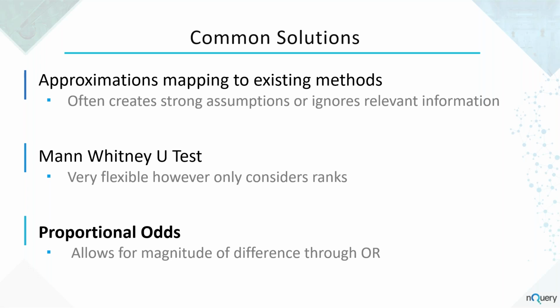So the main issue with this is that you're either creating very strong assumptions in order to map onto a continuous scale, for example, or else you're just throwing away a lot of the underlying information or the underlying data structure, for example, if you are conducting a binomial type analysis.